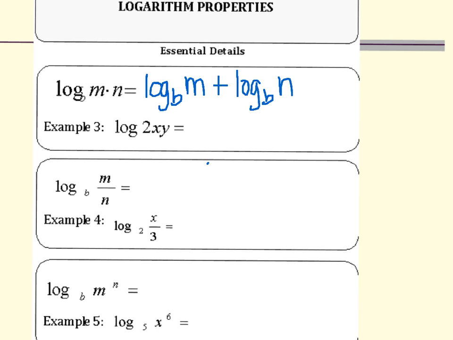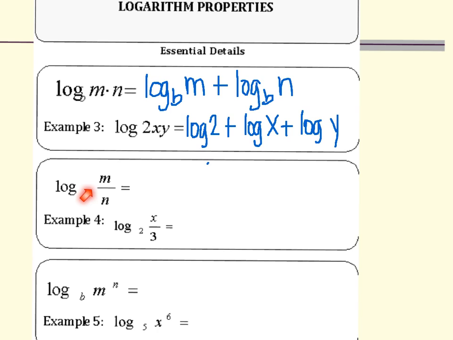So if you look here, we've got log, now it's base 10 since there's no base written, but we don't have to write that, of 2 times x times y. So we're going to split this into 3 pieces, all separated by addition. So this would be log of 2 plus log of x plus log of y. And that's how it would simplify.